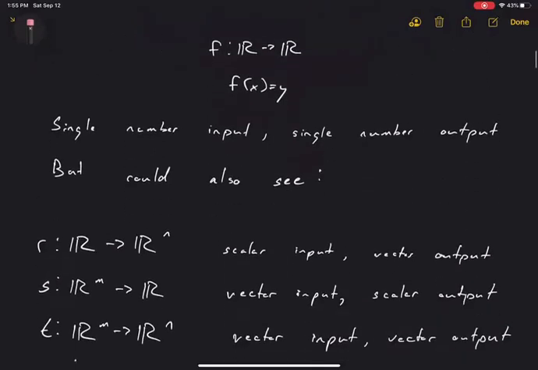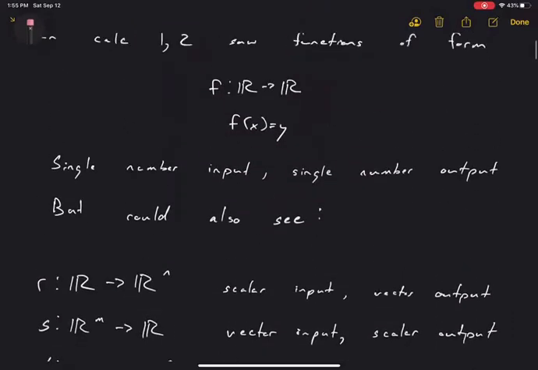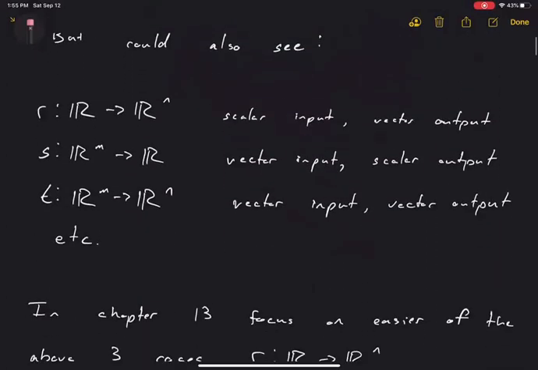Now, this is what we're used to, but there are a lot of other forms of functions we might see. So these are some of them. Let's say I'm looking at this function on top. It's a function r from the real numbers to Rn, where this is n-dimensional space.